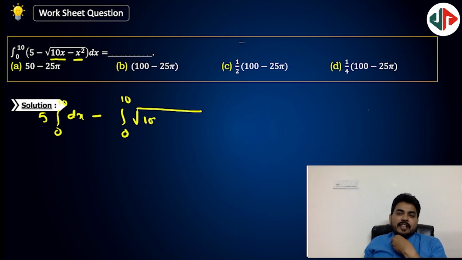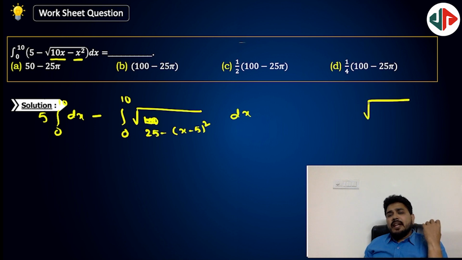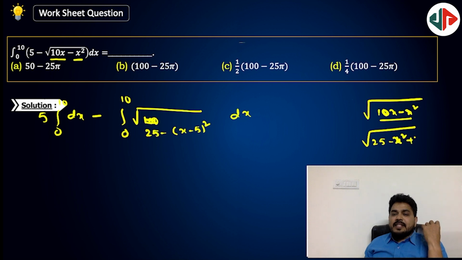Maybe you can write 10x is there. So I'll write it as 25 minus x minus 5 whole square dx. Okay, so instead of solving like 10x minus x square, what I'm writing is root over 25 minus x square plus 10x minus 25. So you are getting the same thing under the root.